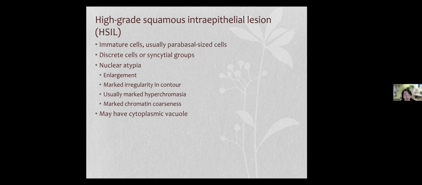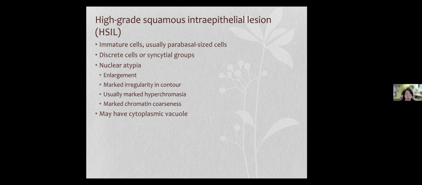So the next category is very important: high-grade SIL. This is the lesion we do not want to miss, because low-grade SIL, as I mentioned in the first couple of slides, especially in young patients, can go away by itself. It's a transient infection. But high-grade SIL is a precancerous lesion, and we don't want to miss that.